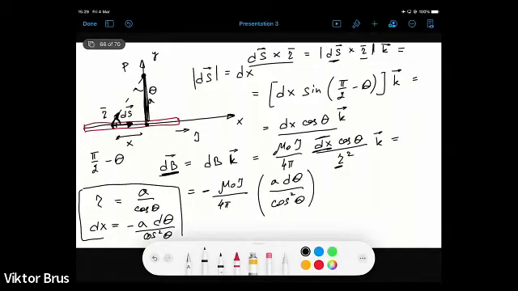And now we need to substitute for r squared. That will be cosine squared theta divided by a squared, multiplied by cosine theta and times the unit vector k.